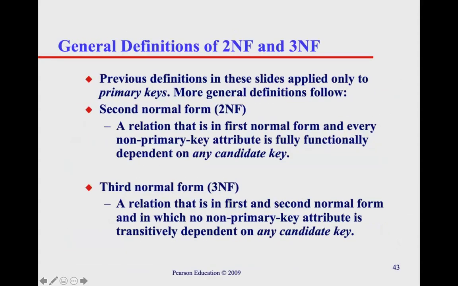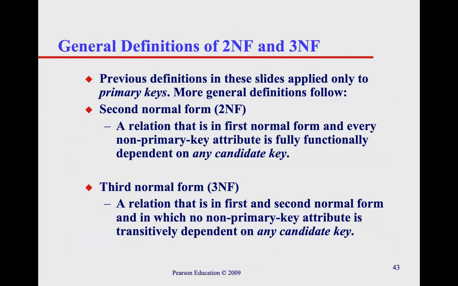Okay, so now what I want to talk about, we've talked about how we get from first normal form to third normal form. There are more general definitions of second and third normal form. We've been using a definition that relies on primary keys, but we could also use a definition that would rely on candidate keys.